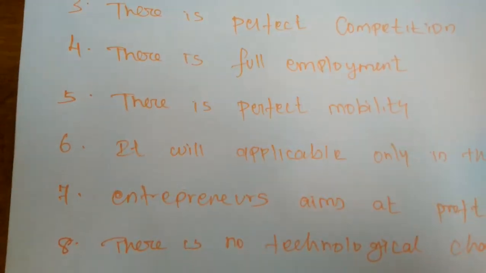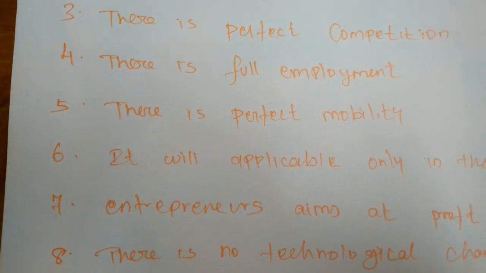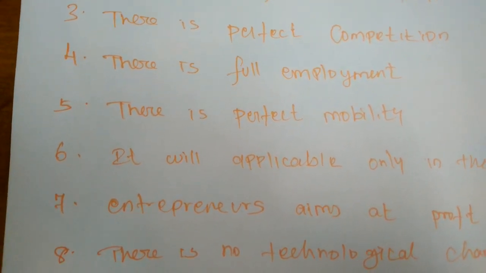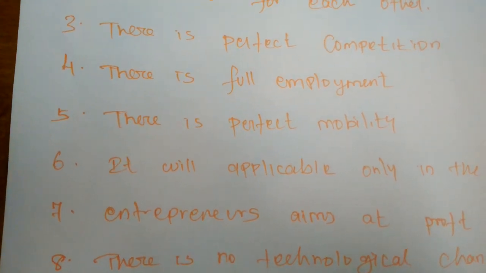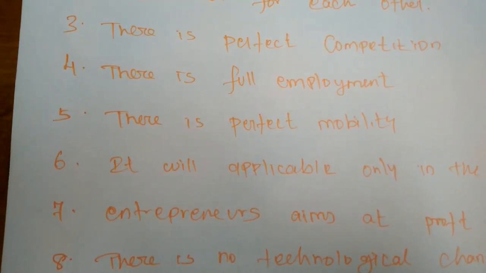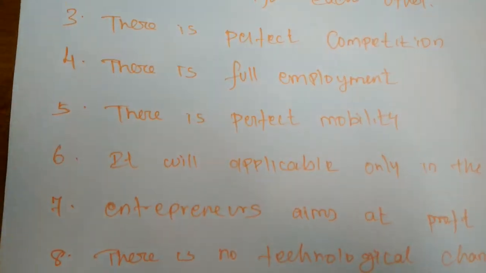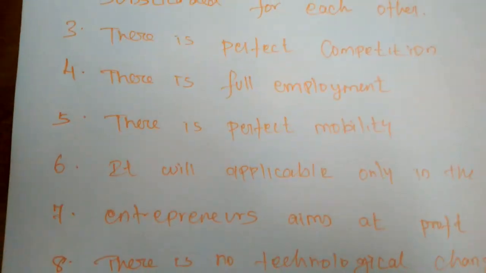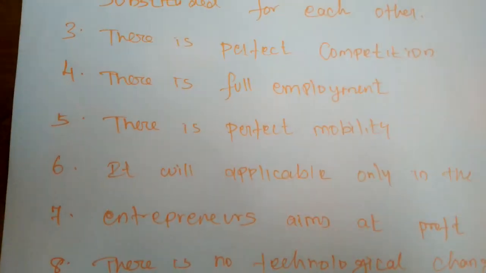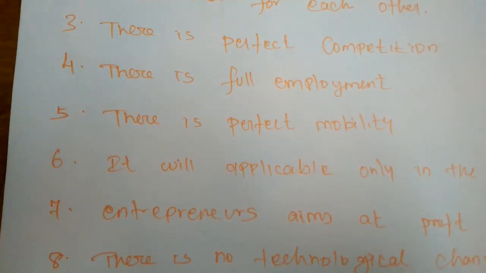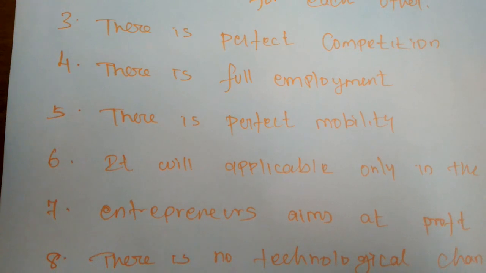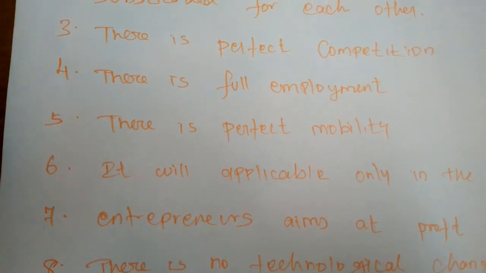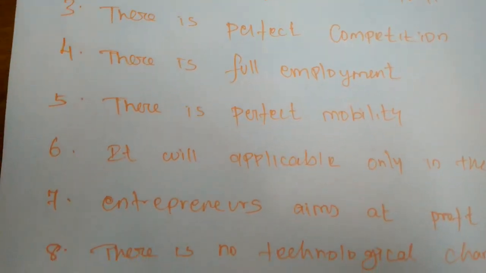Next, there is perfect mobility of factors of production. On the basis of remunerations or productivity, one factor of production can easily move from one firm to another. Even if a factor moves to another firm, it will get its remuneration on the basis of its productivity power only.